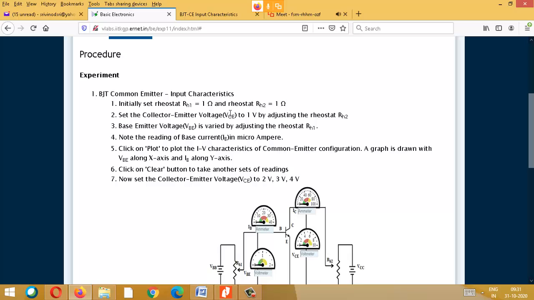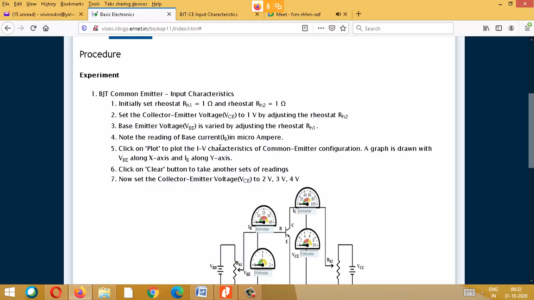Initially both resistances can be kept at one particular position, then set the collector voltage. I have told you that when you do input characteristics, output voltage should be kept constant. So keep it at a value, then start your experiment. The base emitter voltage is varied by adjusting the rheostat. Note the base current reading, which will be in microamps.